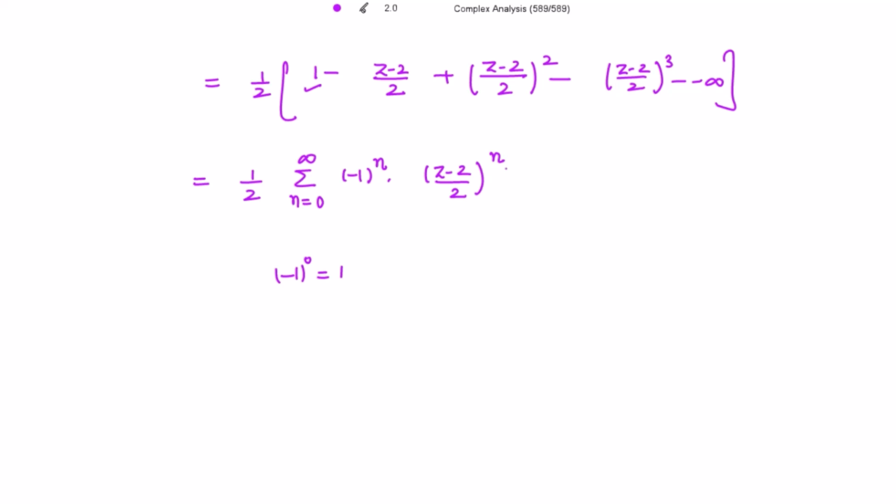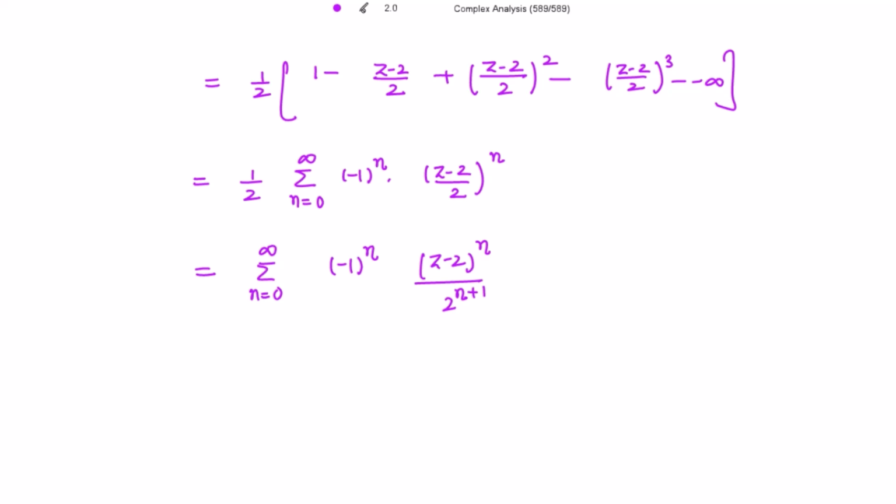When n is 0, we get again this to be 1. For n equal to 1, we have minus 1 into (z minus 2) divided by 2, that is the second term. Likewise so on. And now writing this as summation n going from 0 to infinity, minus 1 to the power n, taking this 2 in the denominator, this is 2 to the power n plus 1, right?